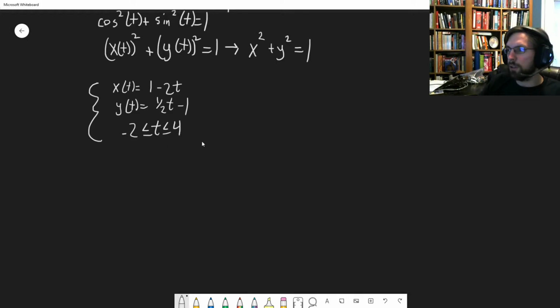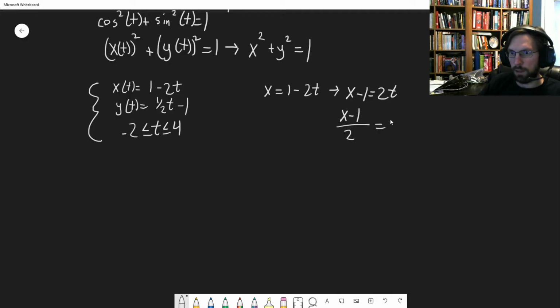What we can do is isolate t in either the x equation or the y equation and substitute it into the other one. Just because x comes first, I'll do this. I'm going to write x is equal to 1 minus 2t, and solve this for t. So x minus 1 is equal to 2t, and x minus 1 over 2 is equal to t.